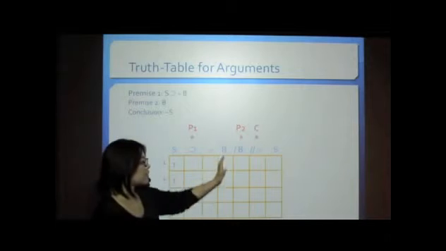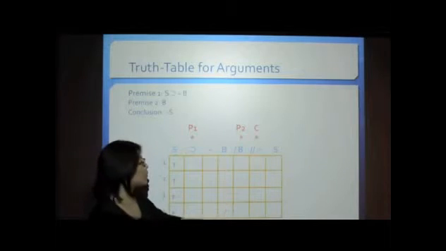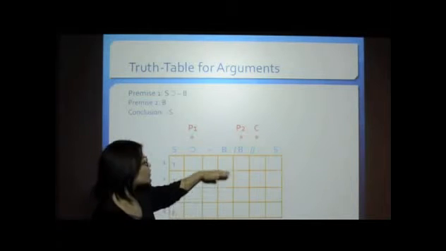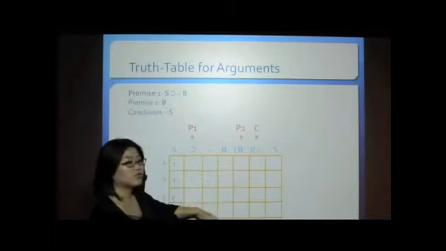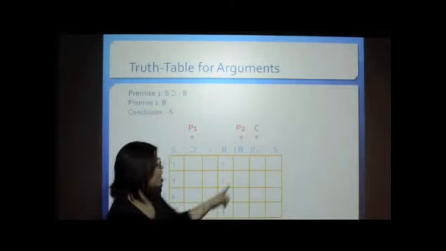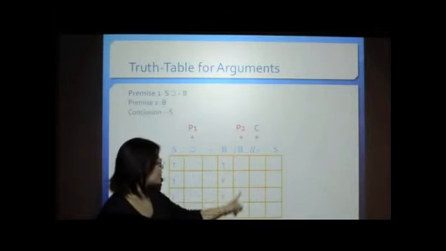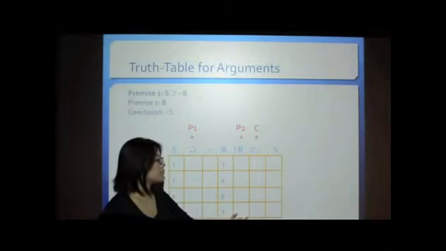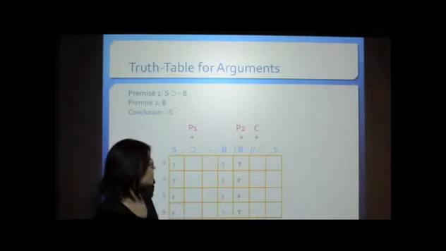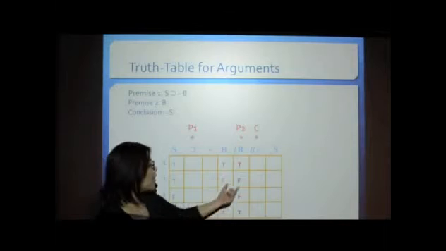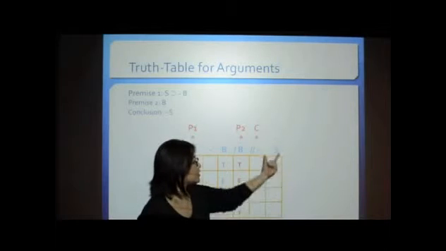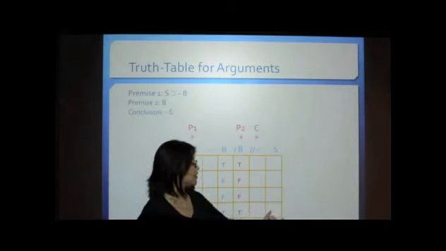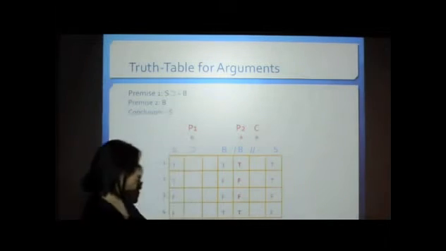Then we have here the second distinct variable, which is B, and we're going to cut the halves in halves, which means we end up with quarters, and alternate every quarter, true, false, okay? And then here we have B again, so we're simply going to take the truth values we gave to B already and put them in here, okay? Then we have the S here again, so we're going to simply take the truth values that we gave to S already and put them in here, okay?